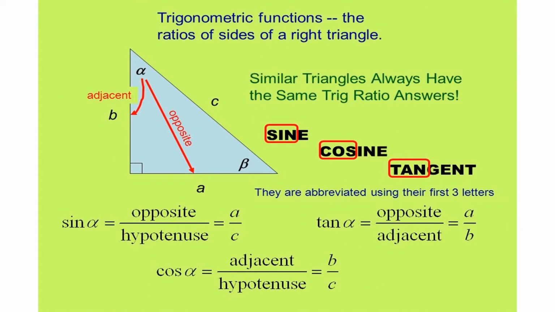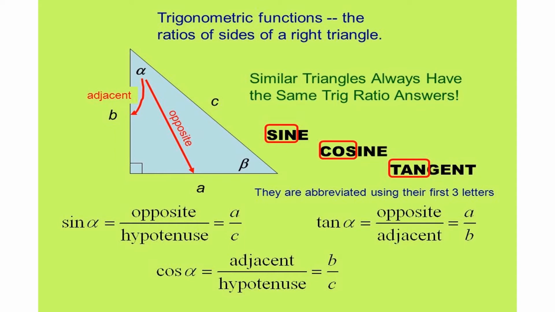Trigonometric functions are the ratios of sides of a right triangle. Similar triangles always have the same trigonometric ratio answers. Now look at this figure. We will find what is sine alpha. The given angle is alpha here, instead of theta. When you take the given angle as alpha, then sine alpha will be opposite side upon hypotenuse.